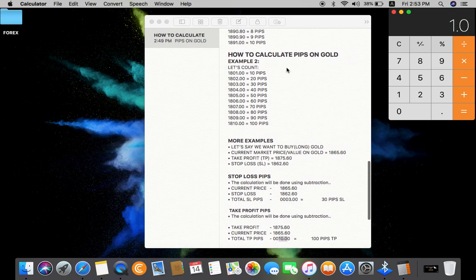Just like I've shown you guys on this side. Can you see? This is a 10 pip movement. Hold on. Can you see, from this side like this, this is an example of a 10 pip movement. Can you see, guys? The 10 pip movement will give you what? 1.0.